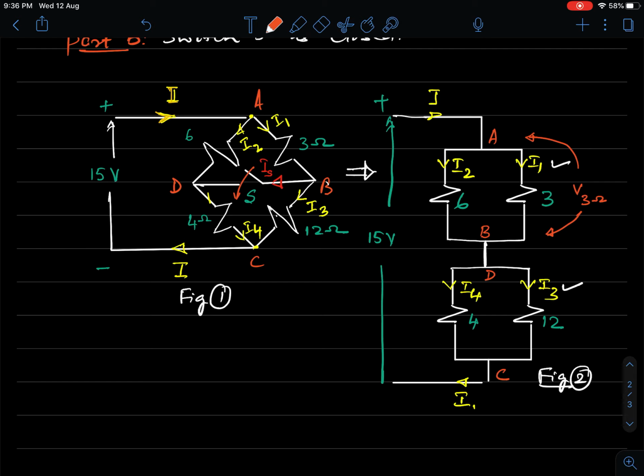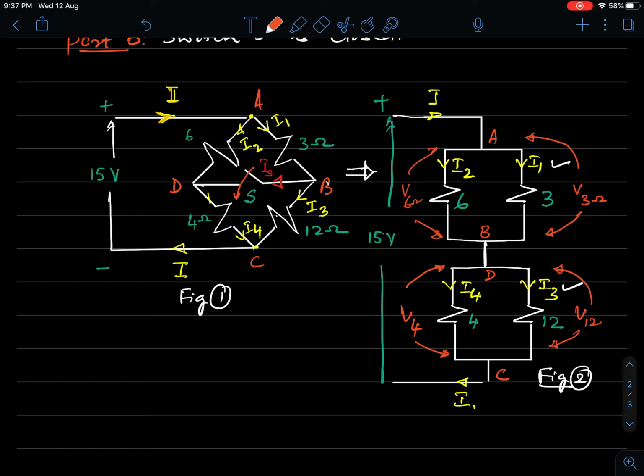This is V3. Okay, this is V6, and this potential difference is V12, and this potential difference is V4. I'll compute these potential differences.